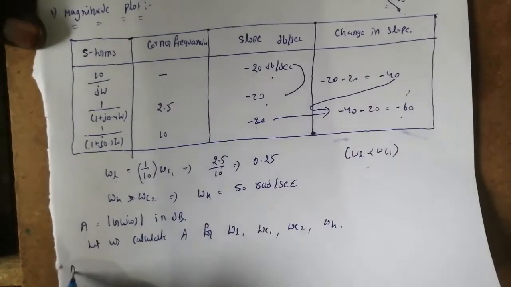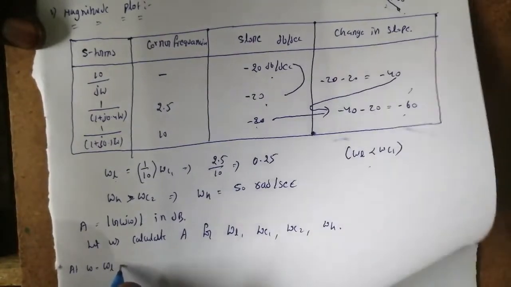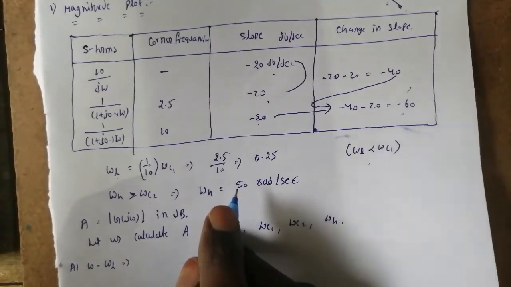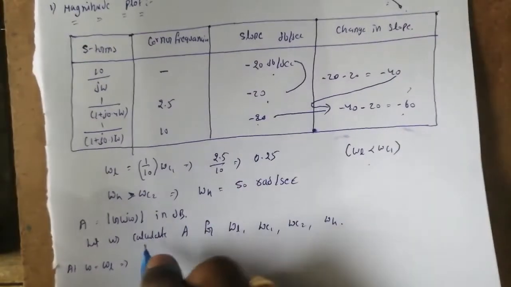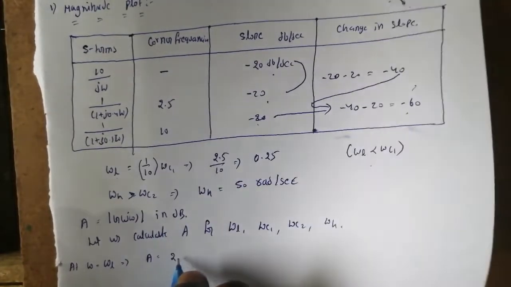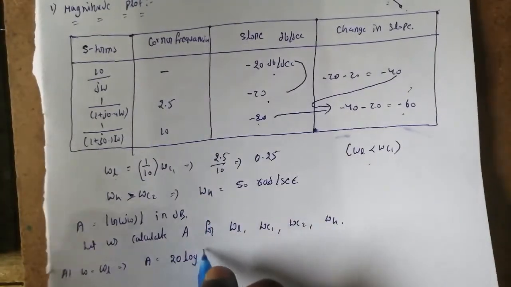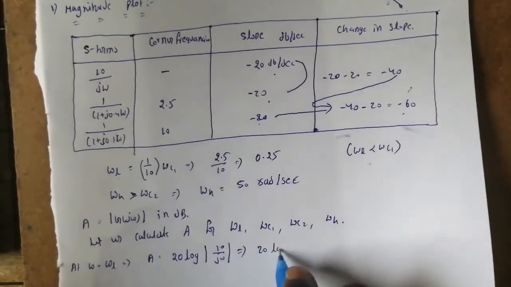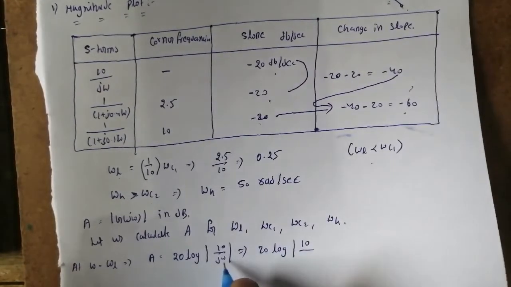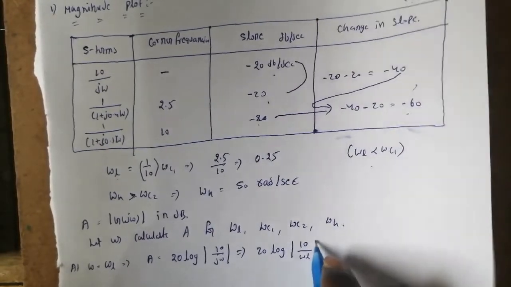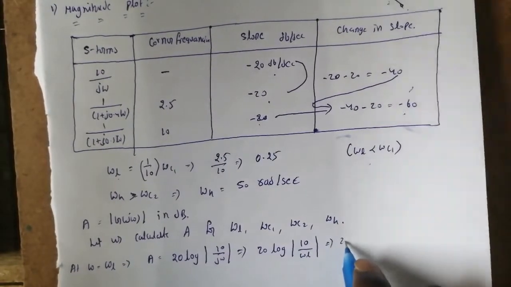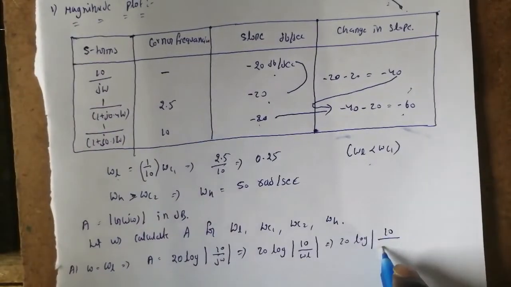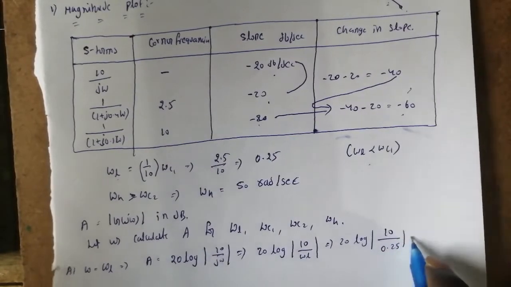The first one is at omega equals omega L, and the A formula can be written in logarithmic form also. So when omega equals omega L, A equals 20 log magnitude of 10 divided by j omega, right? So 20 log 10 divided by, instead of omega you substitute omega L here, 20 log 10 divided by omega L, which is 0.25.